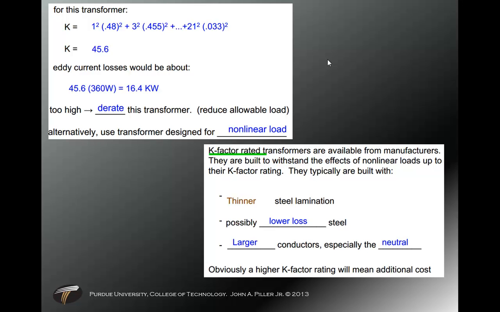Larger conductors are obvious, I believe, because the bigger the conductor, the more current it can carry. Obviously, a higher K rating means additional cost, making things thinner but still solid. Fancier steel types, larger conductors, there's more copper there, it means additional cost.